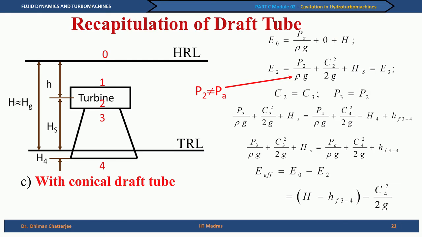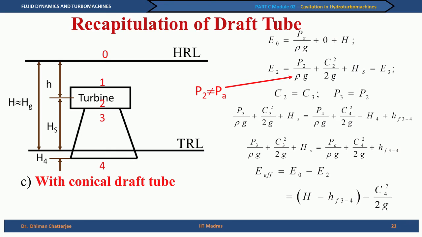Is it clear that to make this conical draft tube work effectively, I should try to reduce C4 further and further? How do we do it, and what restriction does it bring on the pressure available at 3 or 2? This is what we are going to discuss today.